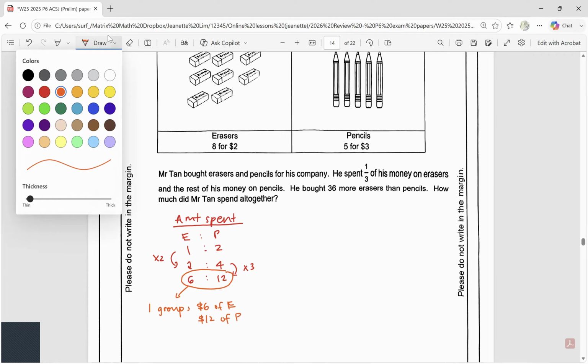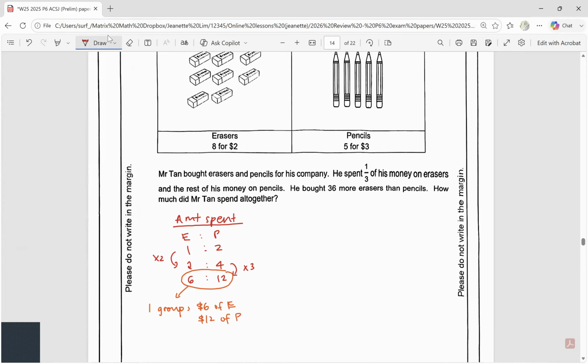So $6 of erasers and $12 of pencils. How many erasers, how many pencils is that? So $6 of erasers would be 3 groups. Okay, so 3 times 8 equals 24 erasers. $12 of pencils will be 4 groups. So 4 times 5, 20 pencils.